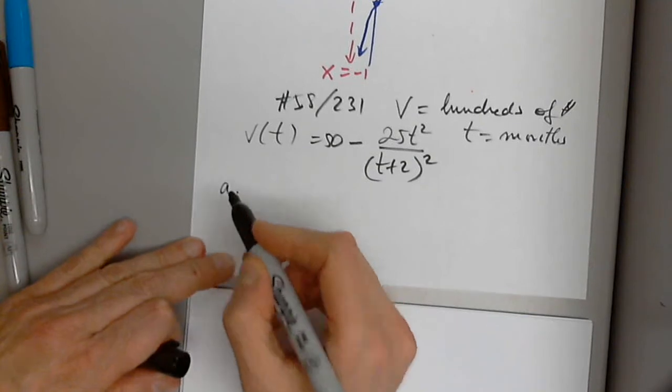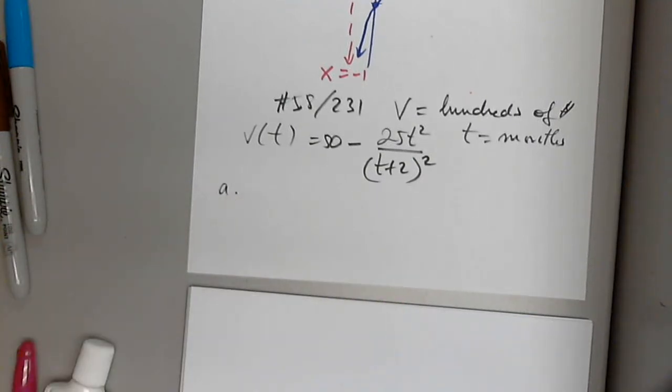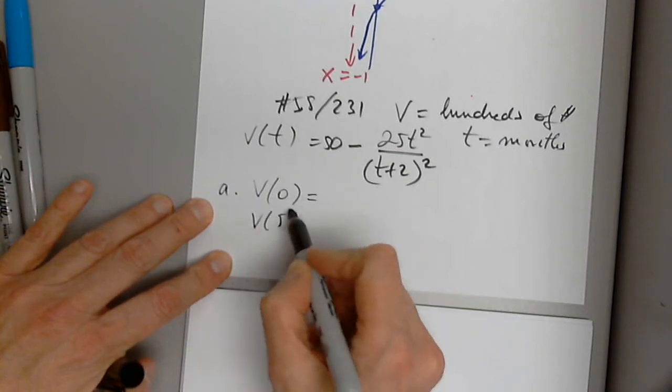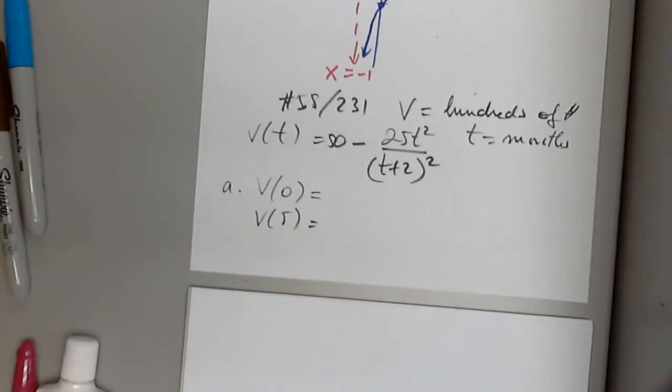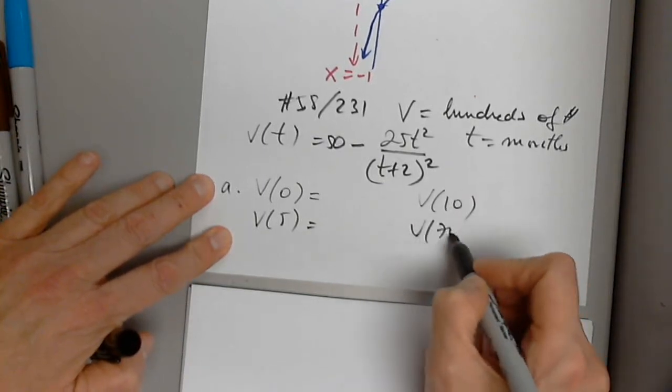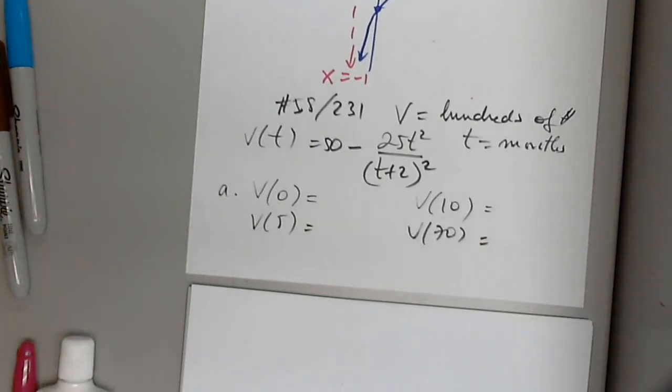In part A, I'm going to ask you to do that. If we have time, we'll come back. So it says V of 0, V of 5. Of course, I will put the function in the graphing calculator. V of 10, V of 70. You want me to do this? If you say yes, I'll do it now. The next question, you'll make a decision in a second. Find the maximum value of the inventory over the interval 0 to infinity, of course.